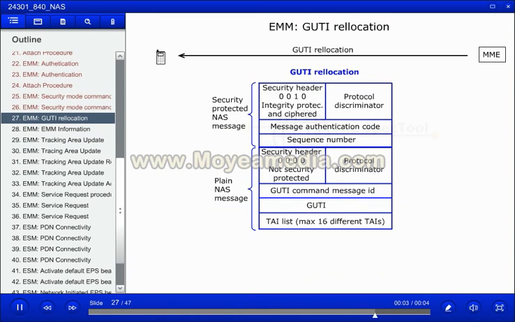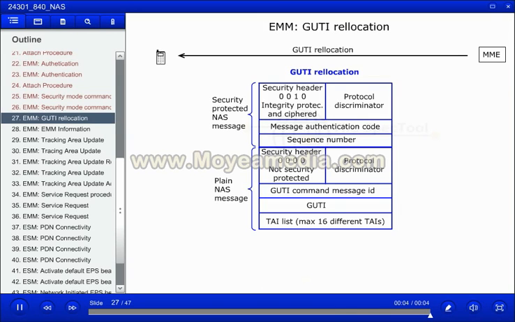GUTI, Globally Unique Temporary ID, relocation is an EMM common procedure. The purpose of the procedure is to allocate a GUTI and optionally provide a new TAI list to a UE.